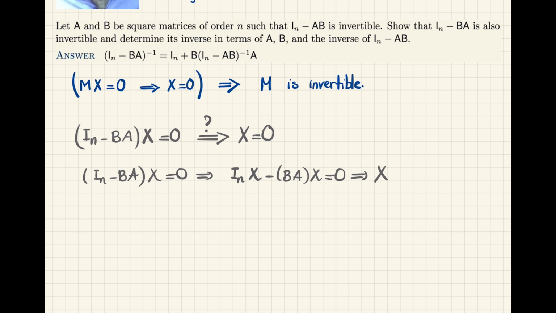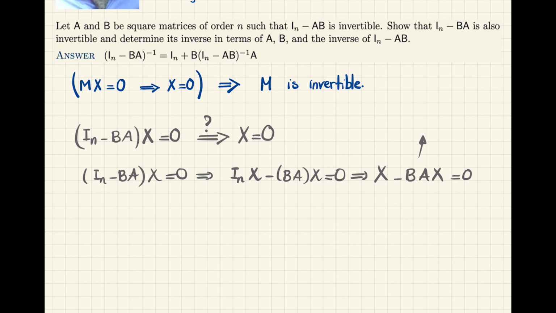And here I can write it as minus BAX. And I can remove a pair of brackets because I know that matrix multiplication is associative, so I really don't need to prioritize which one of these products has to be done first. Okay, so then what happens? I will have 0.